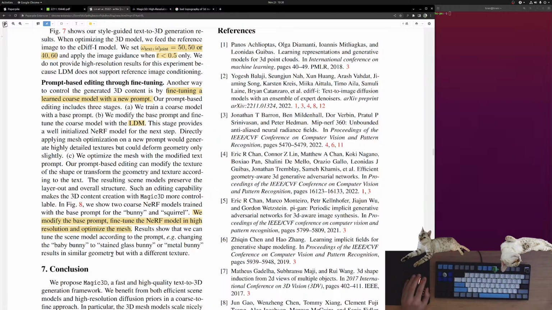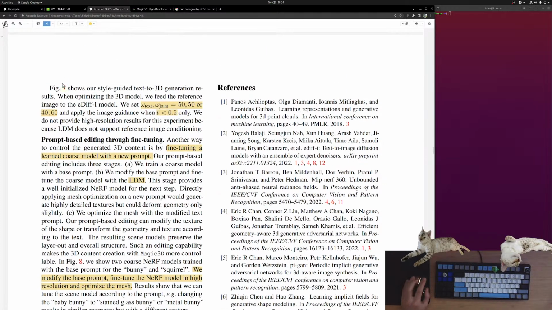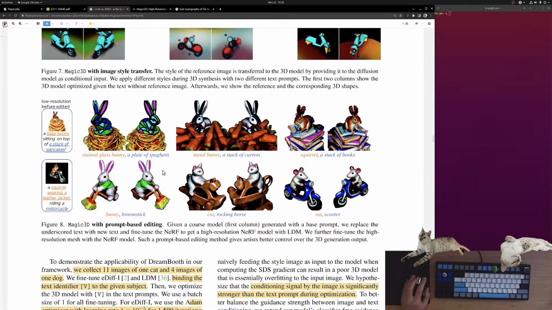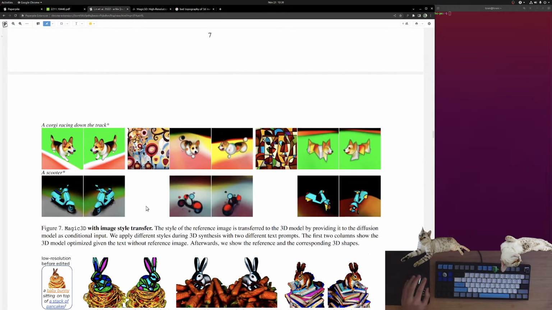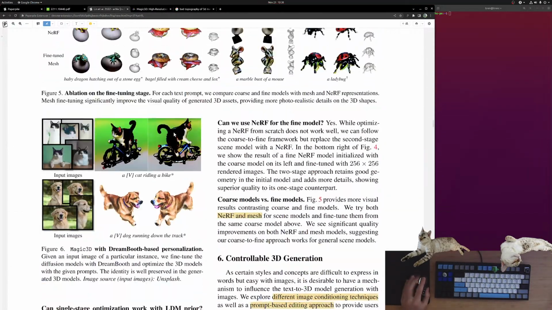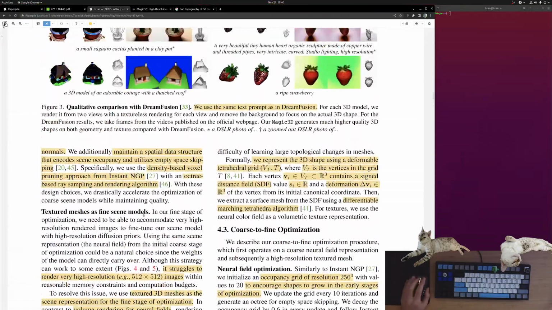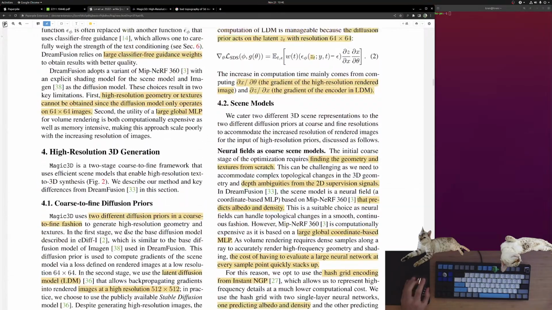Okay, so I think they're trying to show you how the texture and the actual 3D model are different. Right, like they respond differently to modifying the prompt, because I think they apply the actual prompt editing to the first part here, right?